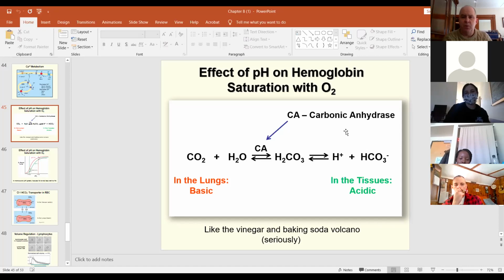So out in the tissues, you've got this enzyme, carbonic anhydrase, that's converting your CO2 into bicarbonate and hydrogen ion. Bicarbonate, again, will be transported by the blood out to the lungs, and in the lungs, it'll go in the opposite direction. So this enzyme is reversible, so it'll take bicarbonate, combine it with hydrogen ion, and you'll blow off CO2. So out in the lungs, as you're losing CO2, you're also losing hydrogen. So the lungs are very basic and the tissues are very acidic. Okay.